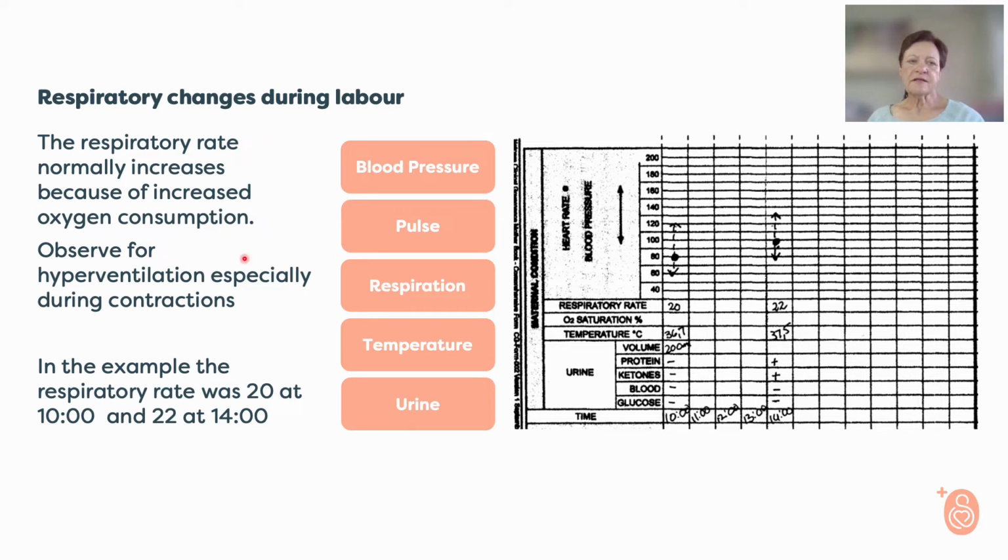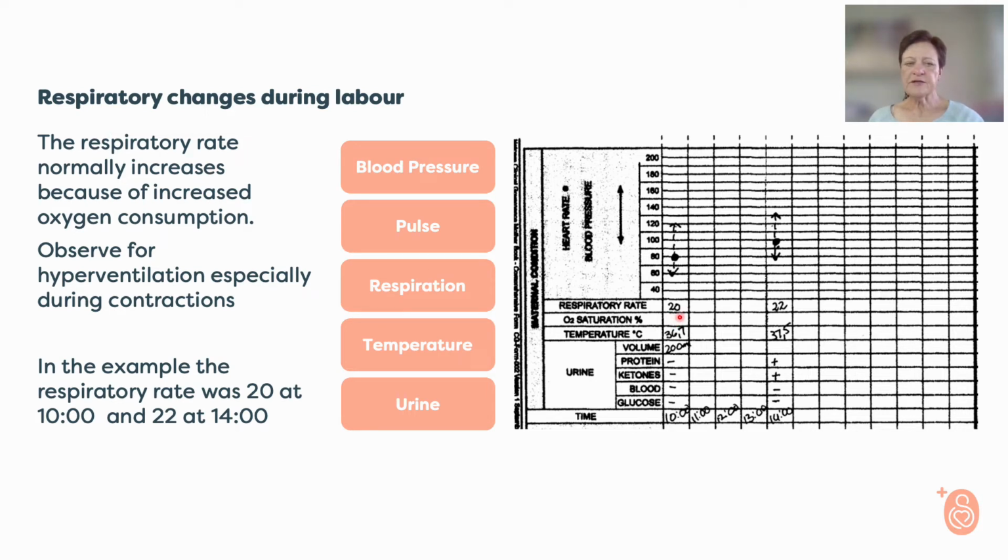Now, when we look at the respiratory rate, normally during labor also the respiratory rate increases. It increases for two reasons. The one is because of pain, but it also increases because of increased oxygen consumption. The mother needs more oxygen during labor because the fetus needs more oxygen during labor, and that makes the respiratory rate normally a little bit higher than normal.